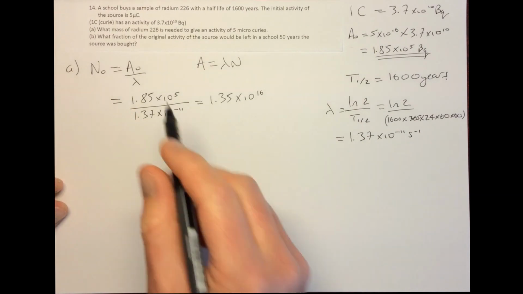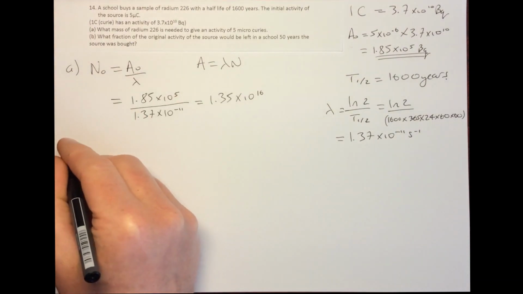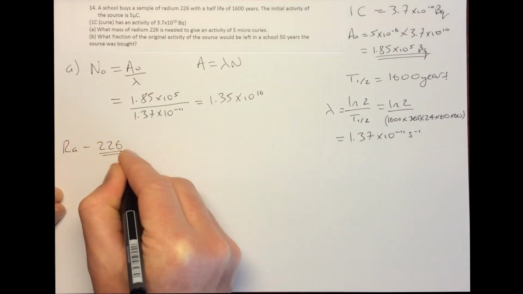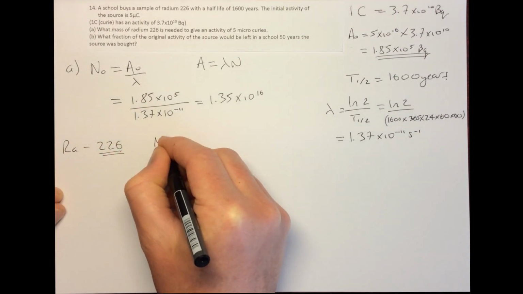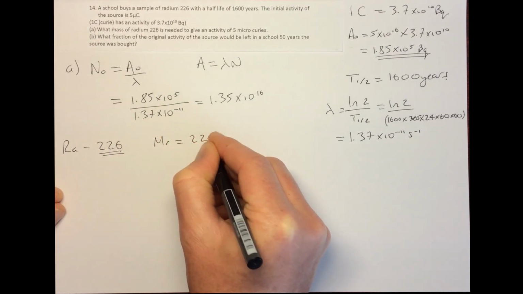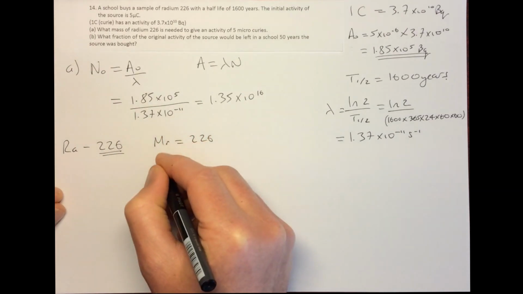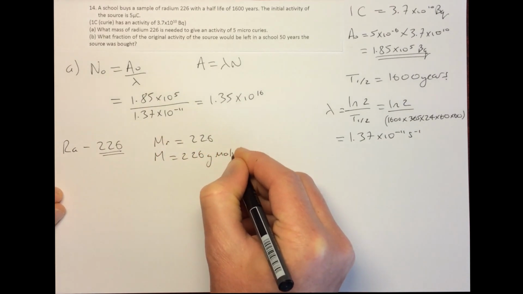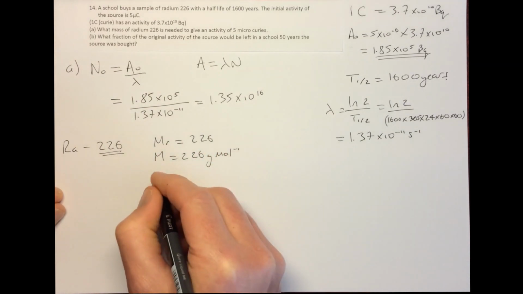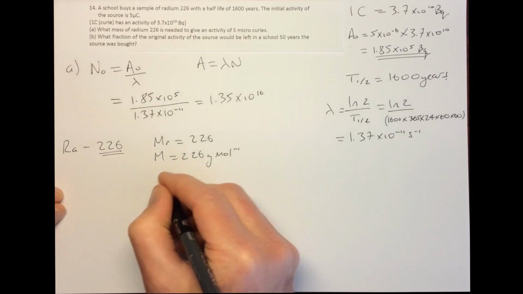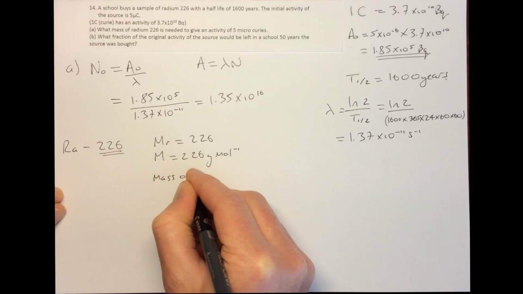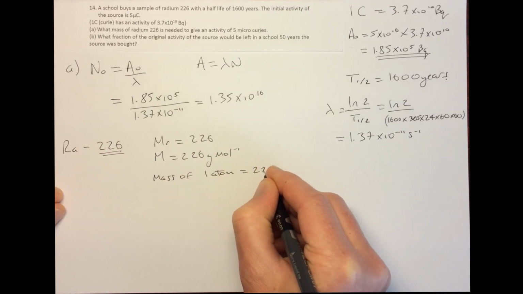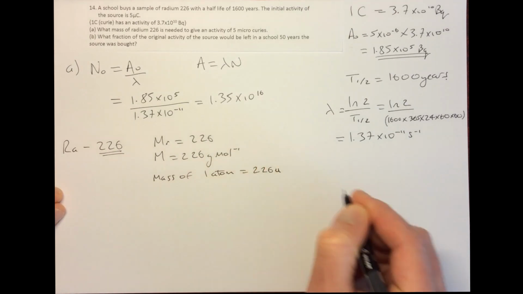Now we need to work out the mass of radium required. In order to do this, you need to know that this number here is the relative atomic mass, or the molar mass, but it also tells us the mass of one atom is equal to 226 unified atomic mass units.